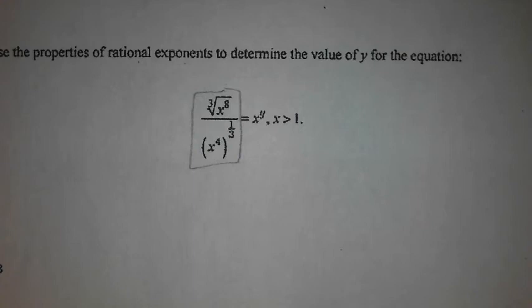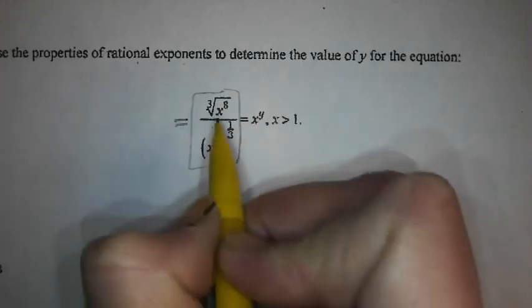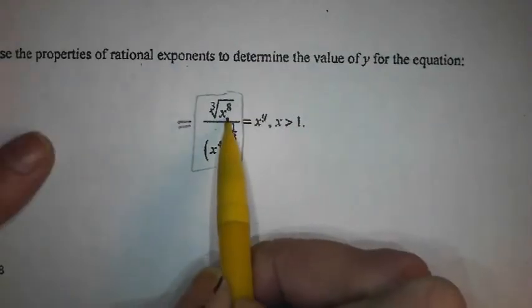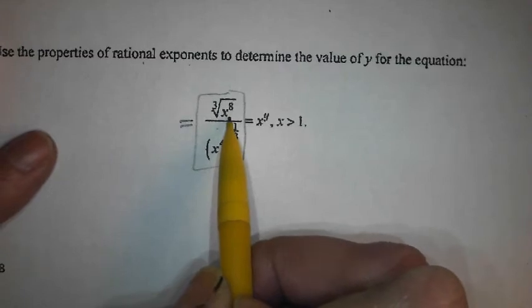We don't really have radical rules. We have exponent rules, correct? So if you want to start simplifying, get everything in exponential form first. So I'll work to the left. How do I rewrite the numerator in exponential form? McKenna.